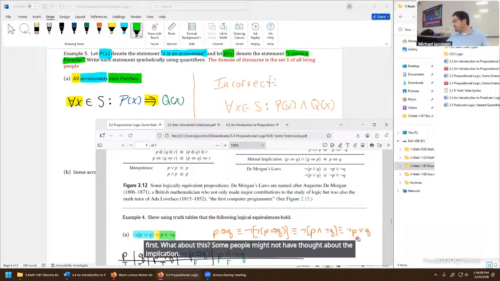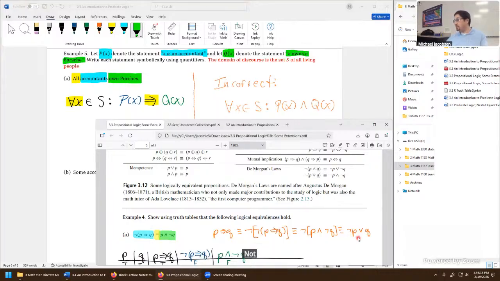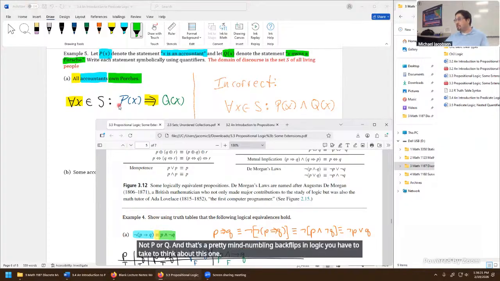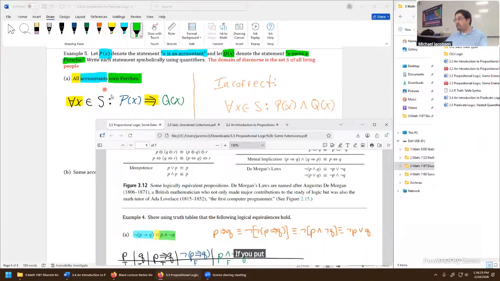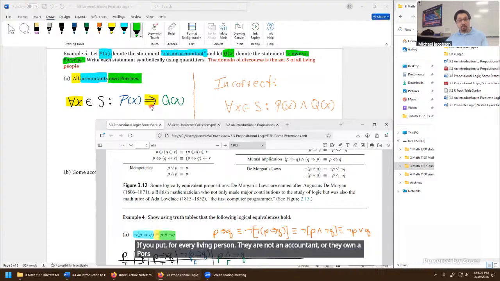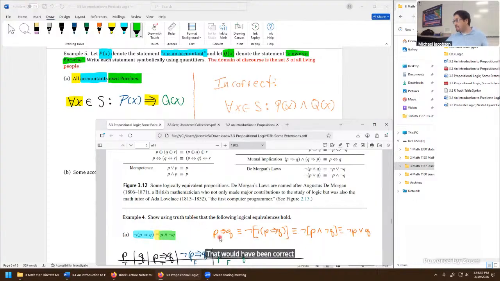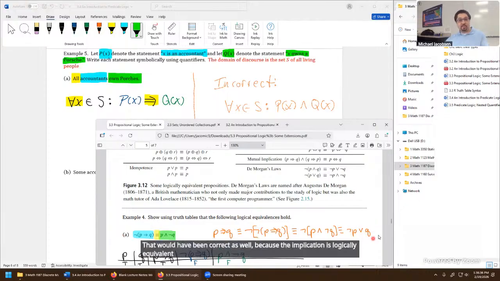Some people might have put this down, not P or Q. And that's a pretty mind-numbing backflip in logic you have to take to think about this one. If you put, for every living person, they are not an accountant or they own a Porsche, that would have been correct as well, because the implication is logically equivalent to this disjunction statement, the one with the or and the negation on P.